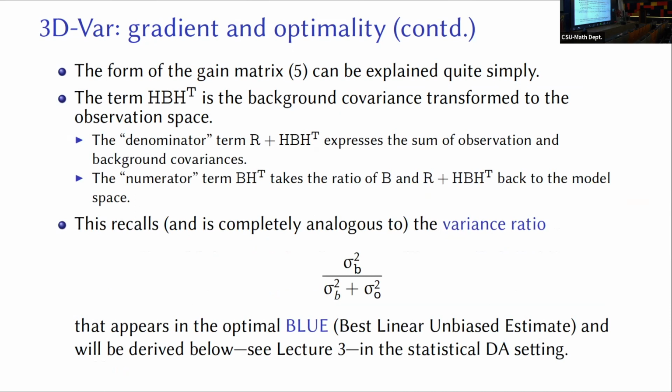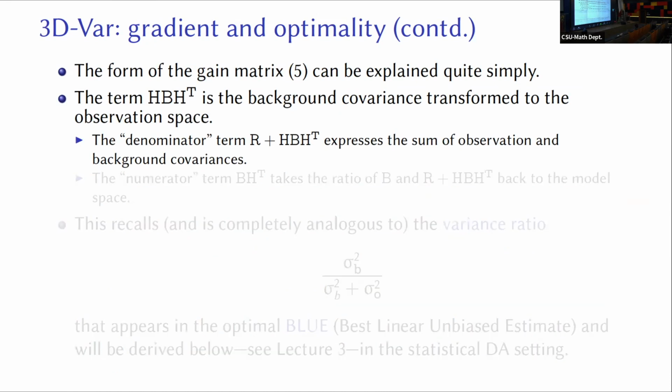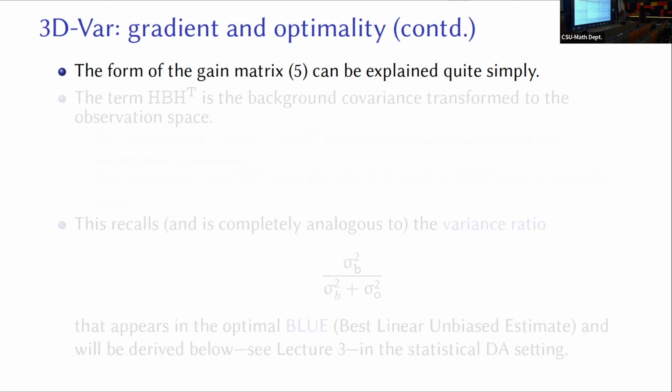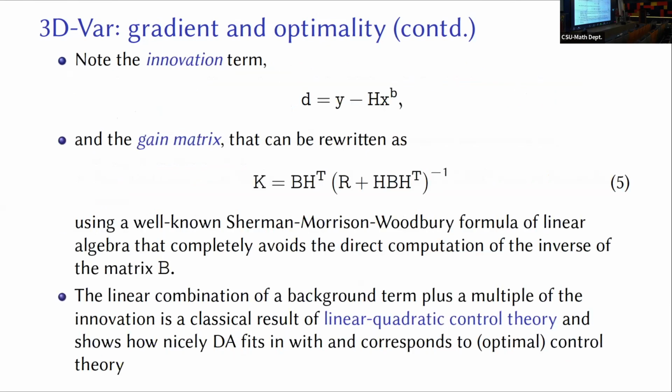I thought it would be unfortunate if this wasn't the case, but we can show just by observation that this formula for k is nothing but the generalization of the ratio of variances, and we've shown that the ratio of variances gives what is known as an optimal estimator in a statistical sense.